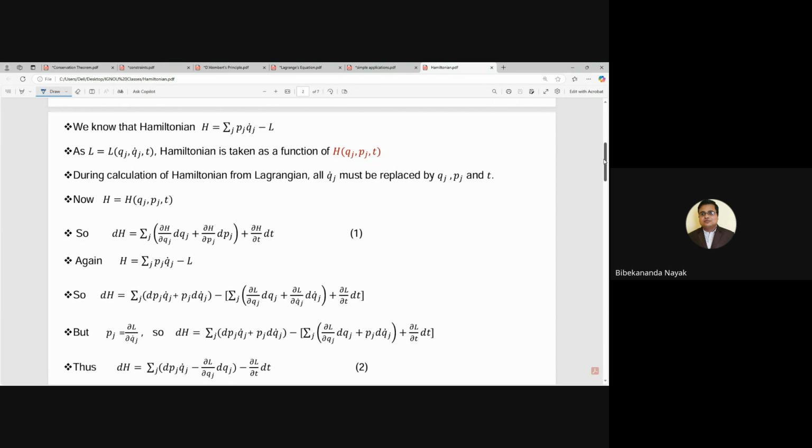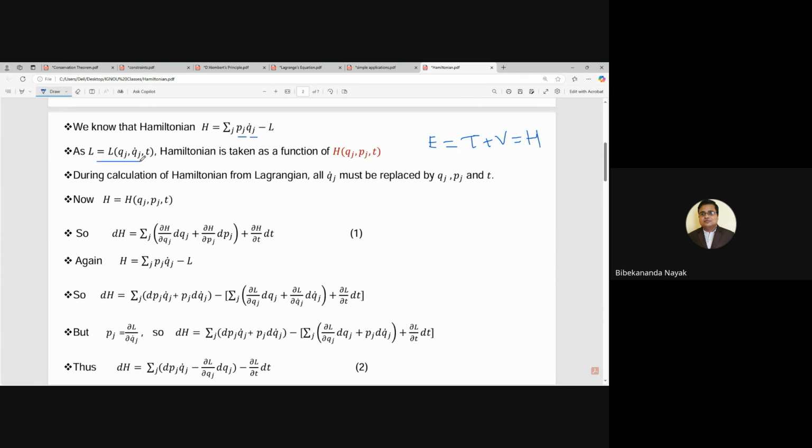Actually, for a conservative system, its total energy T plus V is equal to a quantity known as the Hamiltonian H. In terms of pj and qj dot, where pj is momentum and qj is coordinate, we can find an expression from energy conservation.